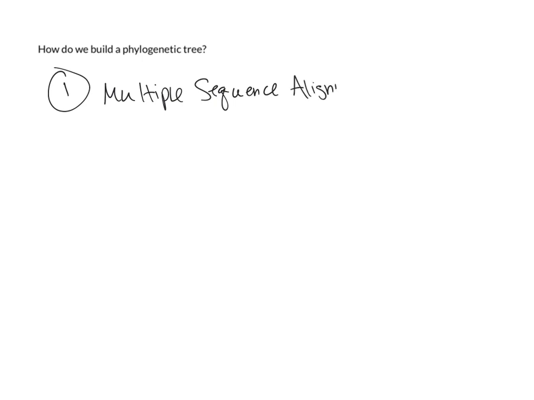And now we get into the good stuff. How do we build a phylogenetic tree using algorithms? So all of these phylogenetic tree algorithms are going to start with a multiple sequence alignment, MSA, which we learned about.